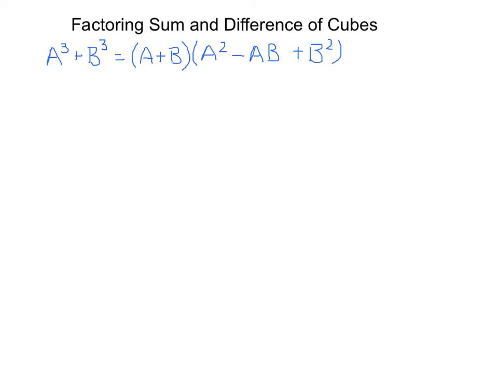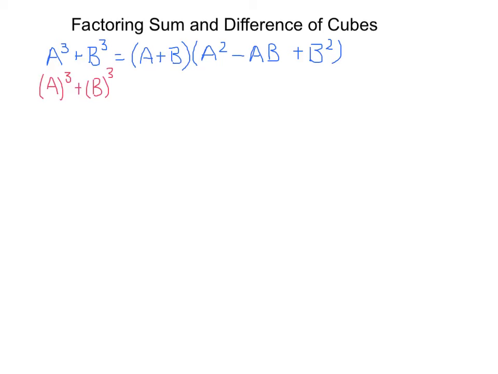Okay, so when you have two cubes that are being added together, we call this the sum of cubes. What I want you to notice is that you're going to take the cube root of the first term and the second term. So this could be written as a cubed plus b cubed.